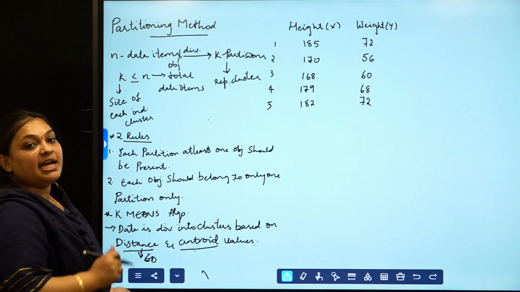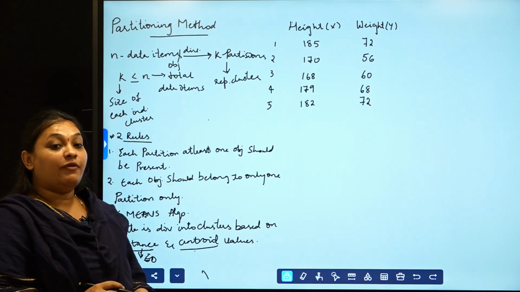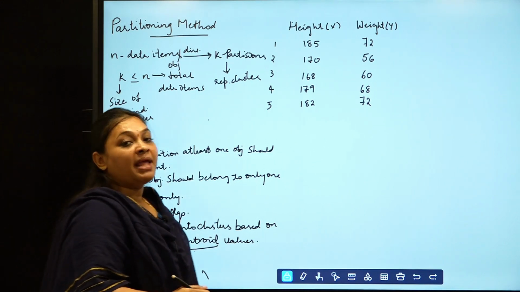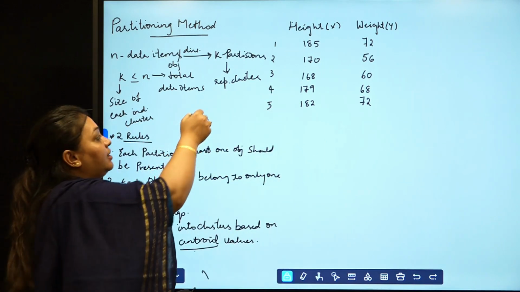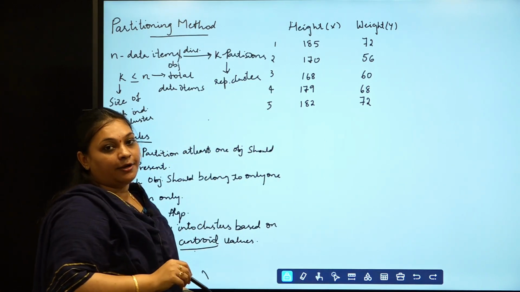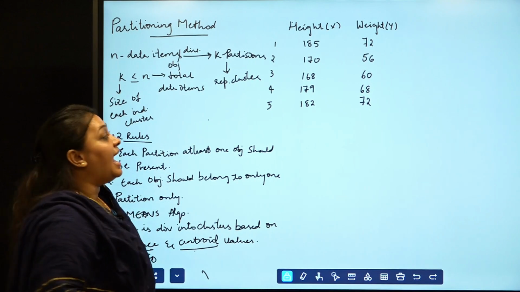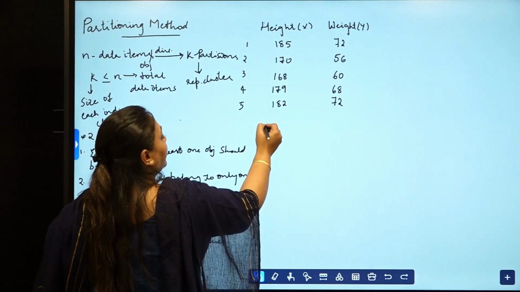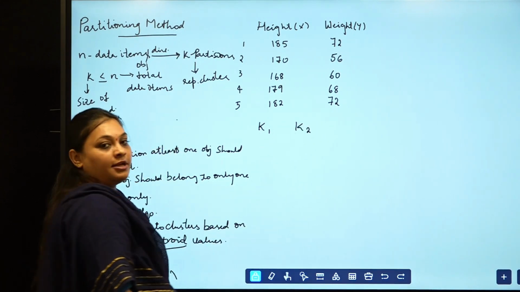Now let's see a simple example, and this is a very important question. I have got height and weight with 5 data items in it. Initially, I have to divide the given data into clusters. I will be dividing it into K1 and K2, 2 clusters. Done.